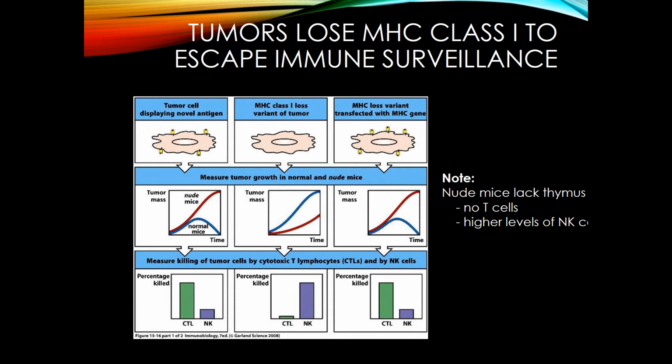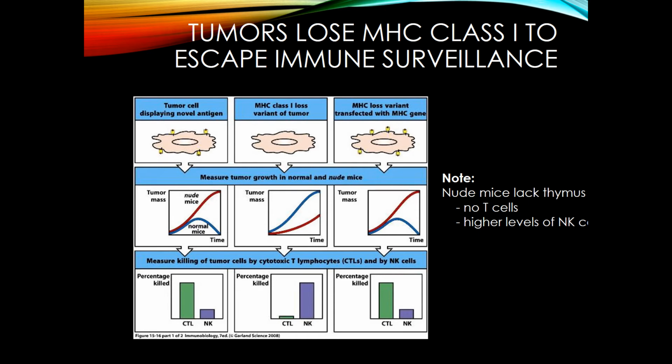And it's because they recognize the loss of MHC class I. And in the last one on the right, if you transfect that variant where you've lost the class I and put back in the MHC gene, it goes back to being normal. And this basically shows that whole idea that natural killer cells recognize the loss of MHC and will be an effective killer by itself. Where in normal situations, cytotoxic T cells may be more effective in finally controlling the infection.